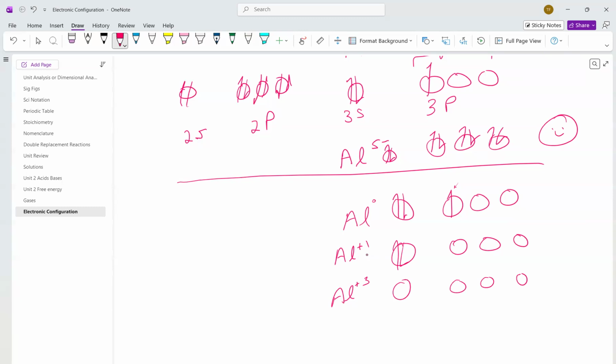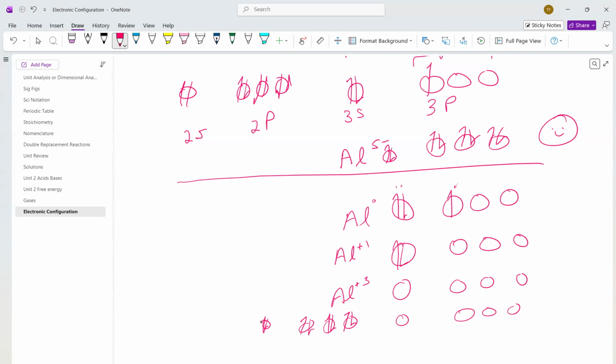Well, it reverts back to the next lower one down, which is going to be the 2s. So these 3 here go right here, which leaves us with Al plus 3. So we can gain 5 or lose 3.